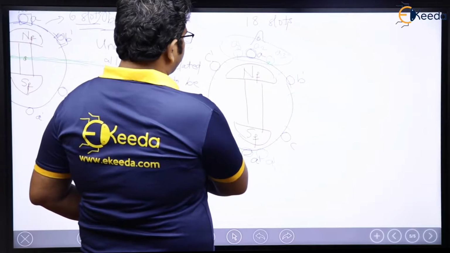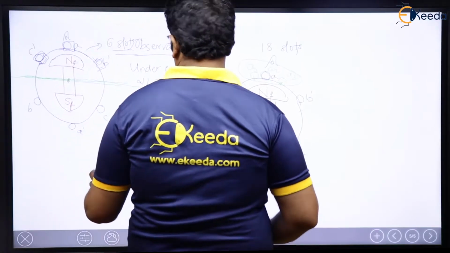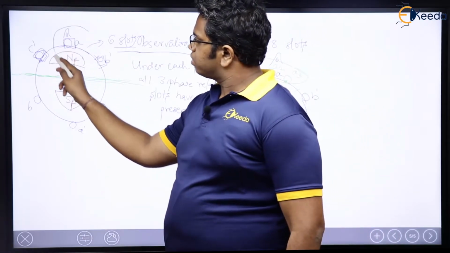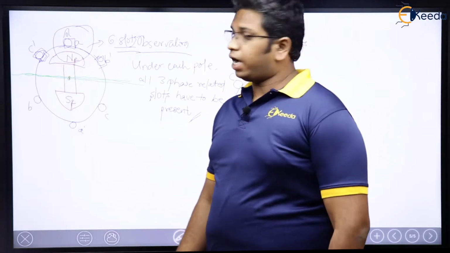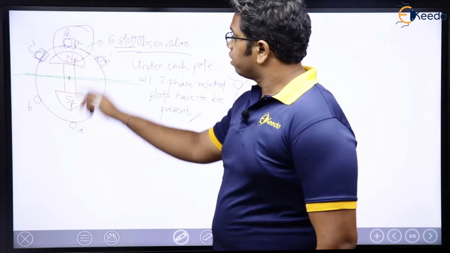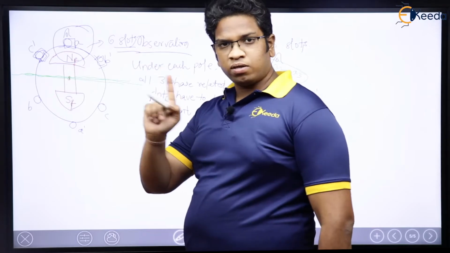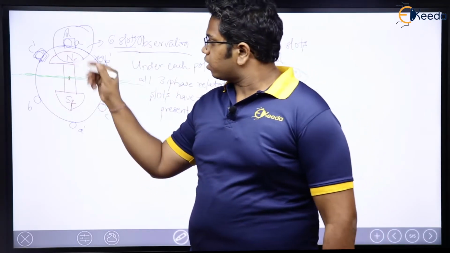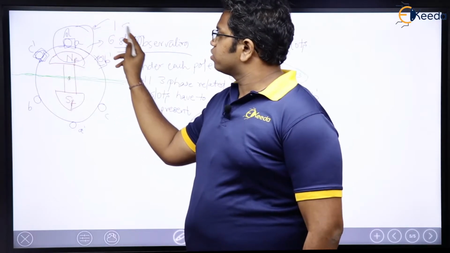Here comes a very important term. See here. If you think of this part here, in this one, I had only one conductor, one slot. I can say that out of the three phases, for one phase I had dedicated one slot.